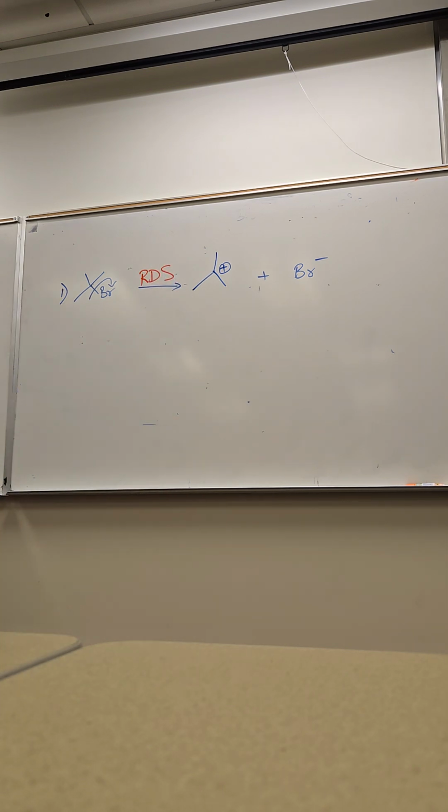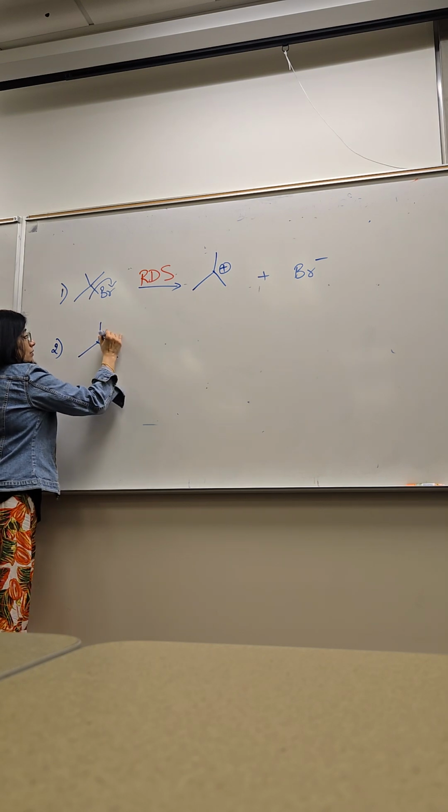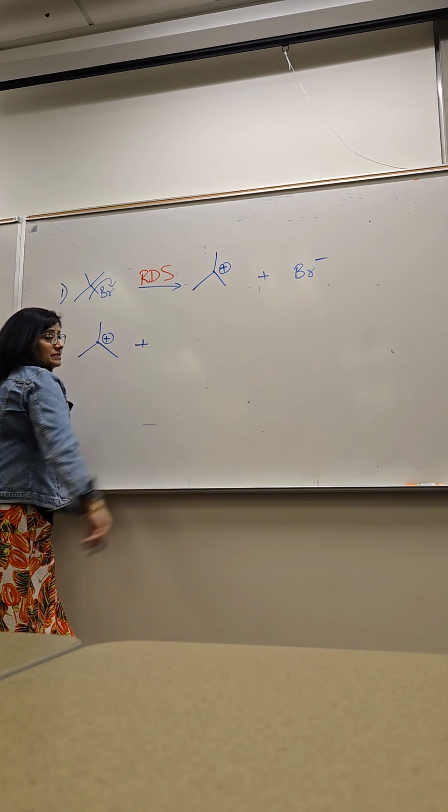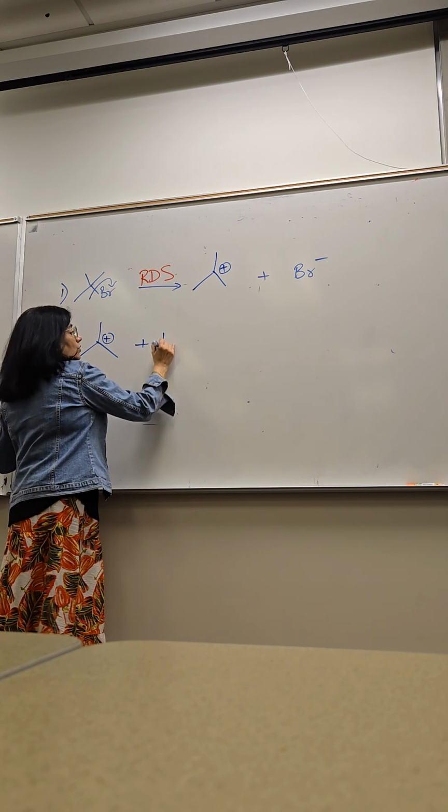This is the step that decides how fast or slow the reaction would be. Step number 2: once we have created a carbocation intermediate, the nucleophile comes in and attacks.